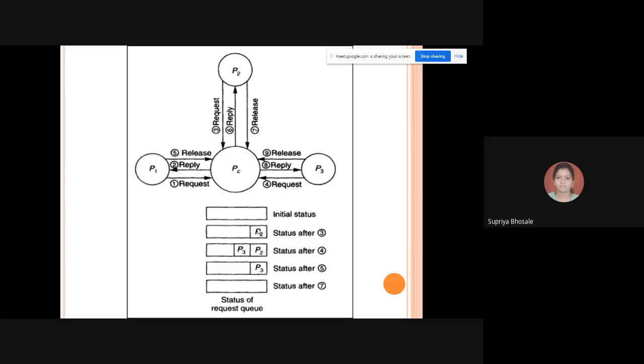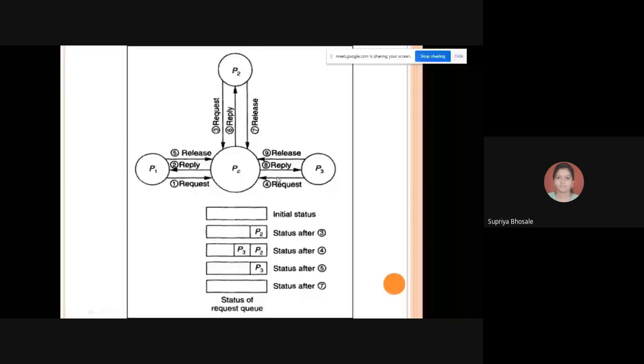So now number 4. Then after this, suppose for example P3 wants to enter into the same critical section, so now he will send the request message to the coordinator.